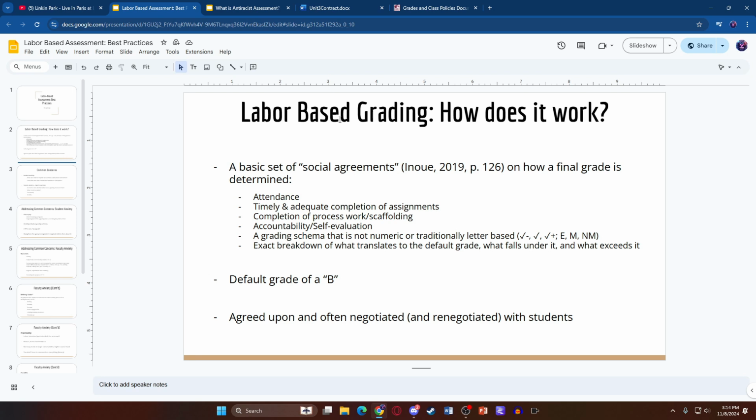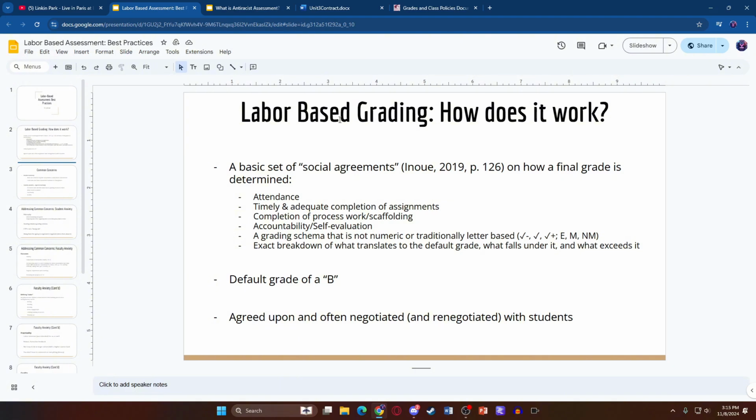Now, most of the labor-based systems that you're going to find if you do a basic Google search include default grades, and the default grade is usually a B. It justifies a B versus a C simply because it looks better on a transcript. And a B in a comp class is by no means a bad grade. It's actually really solid work.